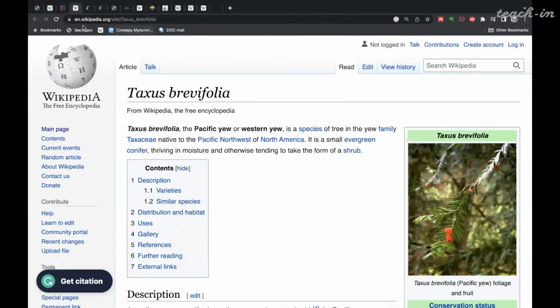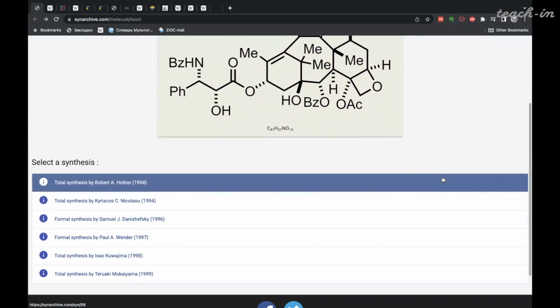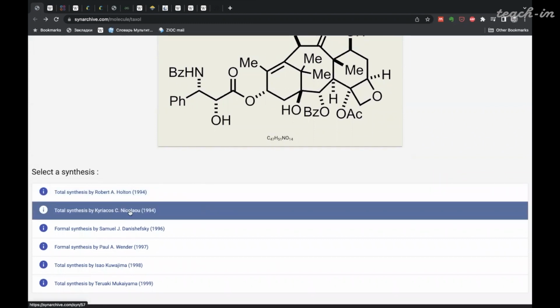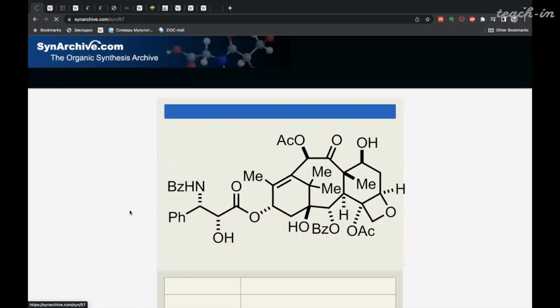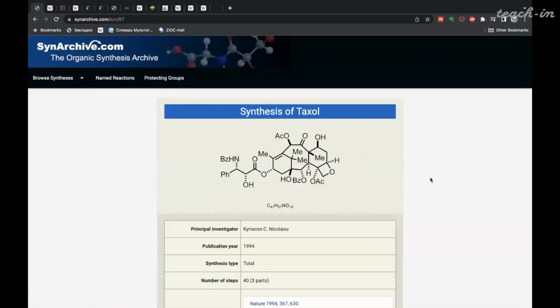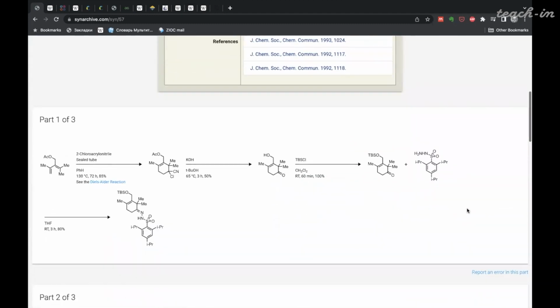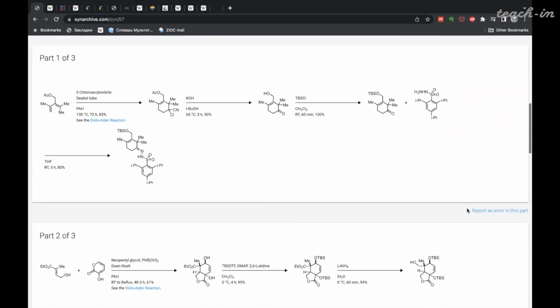In fact, several approaches to its total synthesis were proposed in the last decade of the 20th century, and the famous synthesis of Taxol by Nicolaou and his team consists of tens of organic reactions.